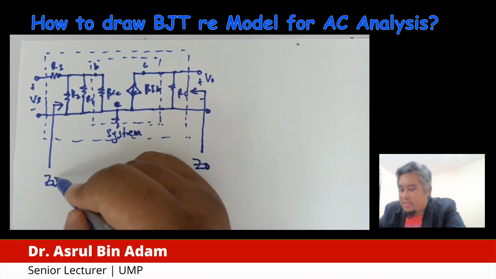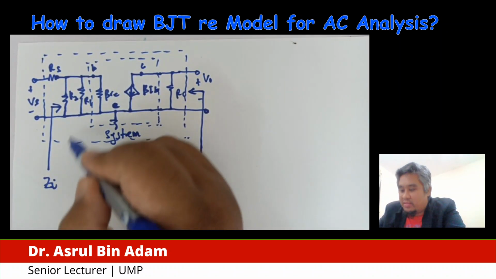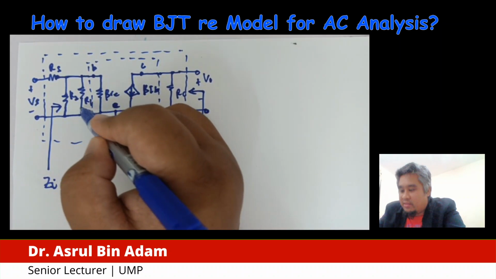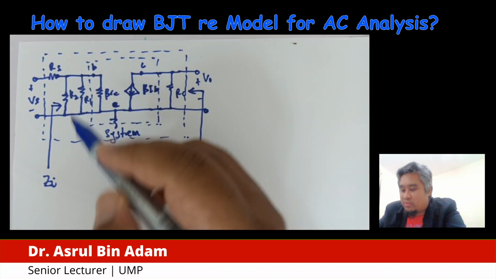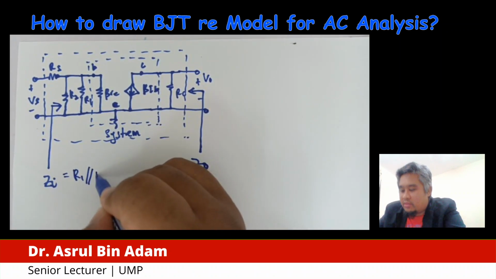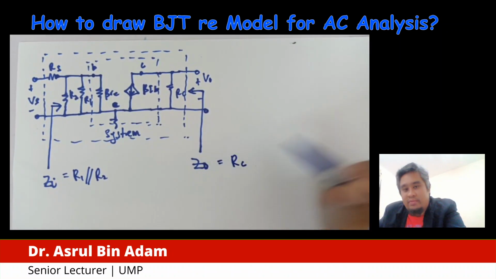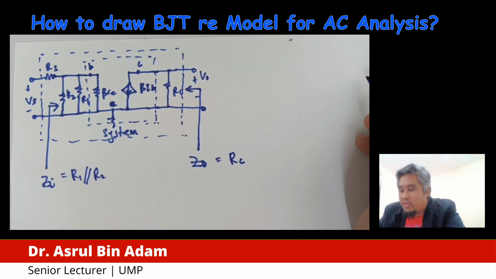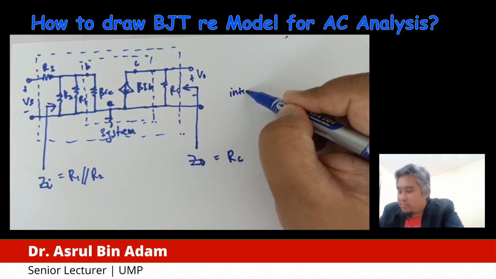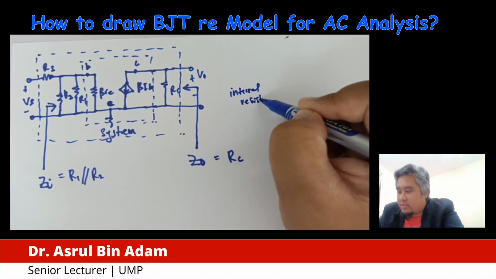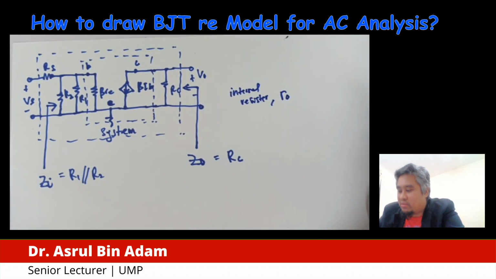So what is the formula for Zi? We can see here Zi is actually R1 parallel with R2. And then Zout is equal to RC. Somehow in the question, for example, you need to consider the internal resistor, which is RO. Where is RO located? RO is here.